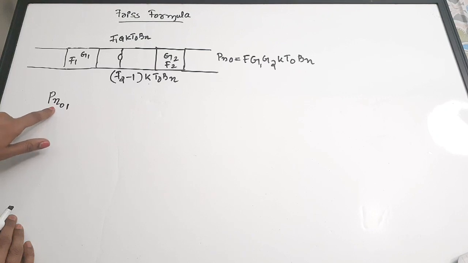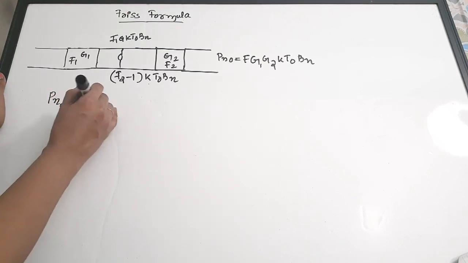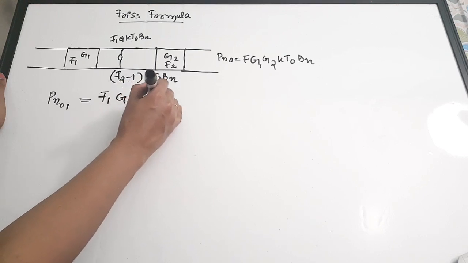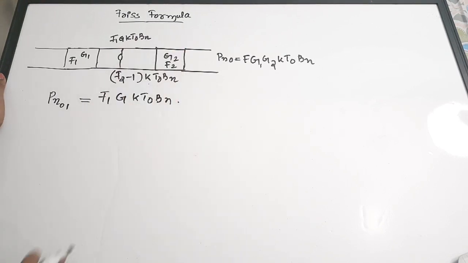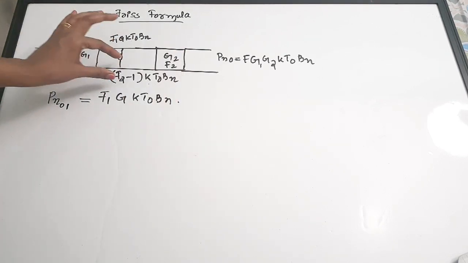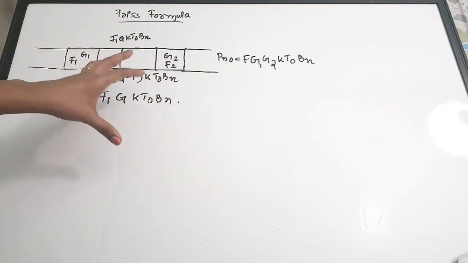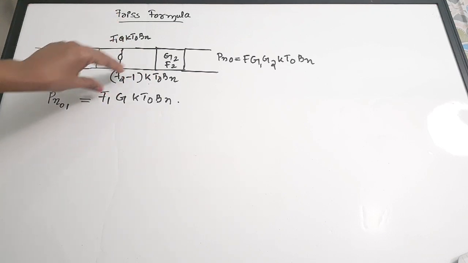Since it is output noise power, we are using O, and since it is for stage 1, we are using 1. And it is taken as F1 G KT0BN. Next we'll put a source here to explain the generation of this much noise power.